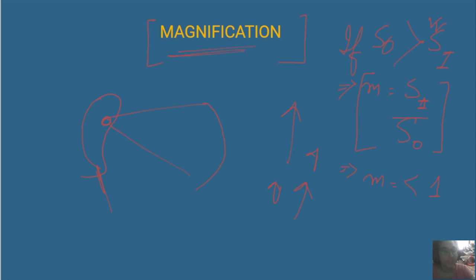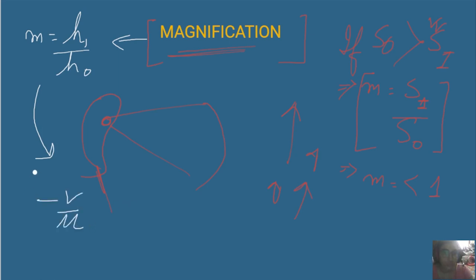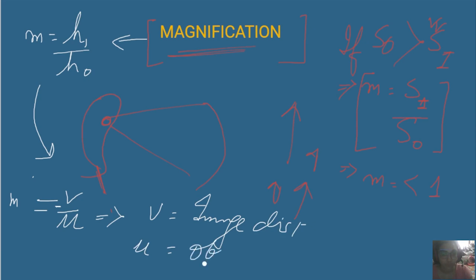Okay. When we talk about the exact formula that came after derivation, one way of writing it is m equals height of the image by height of the object, or it can also be written as minus v by u, where you know that v equals image distance, u equals object distance, right?